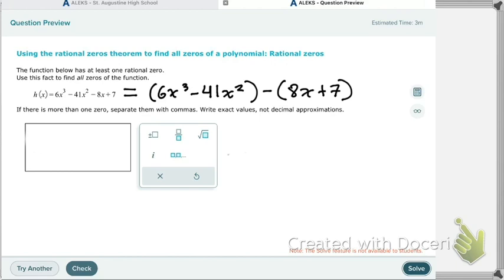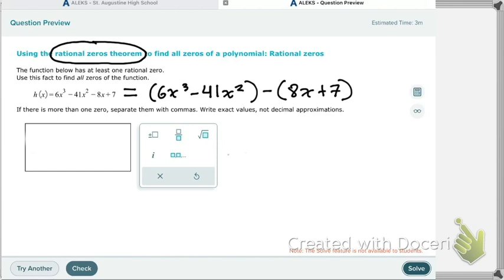But we have found that there is something called the rational zeros theorem, which allows for solving a polynomial if it has a rational zero. Now, it might not have a rational zero.